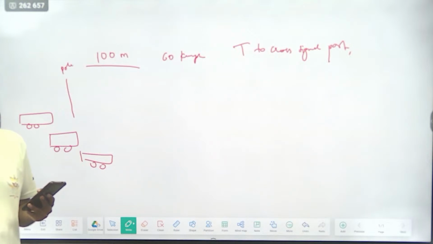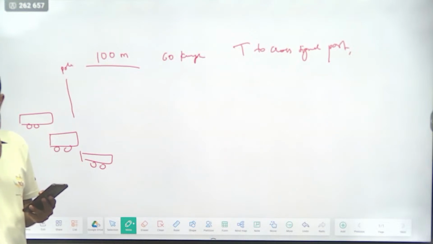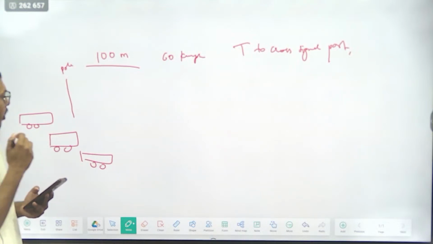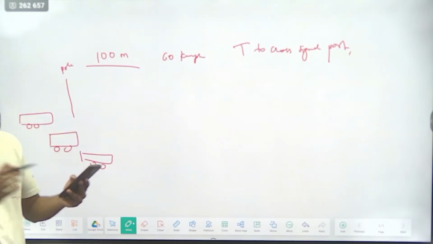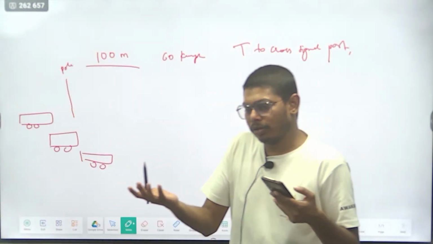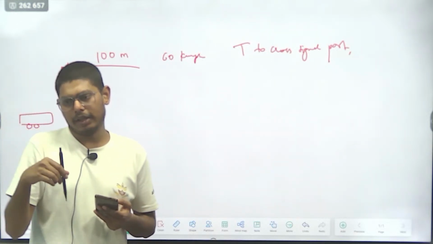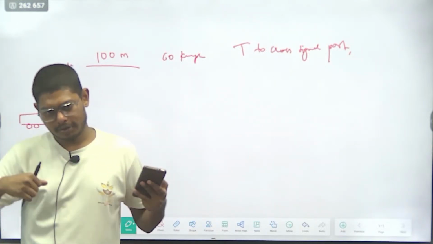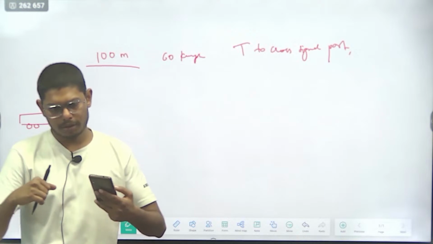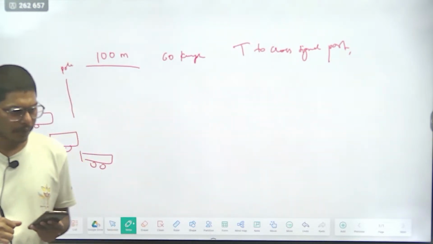Yes or no? Does anybody have any doubt over here? Karivel, do you have any doubt? If you have, you can ask. Okay, a train is a big thing. What do you consider as crossing the pole? A pole does not have a breadth. It might have height, but it is generally considered as zero breadth.